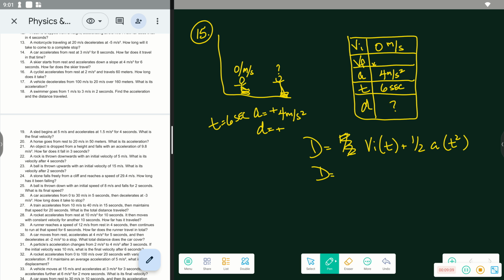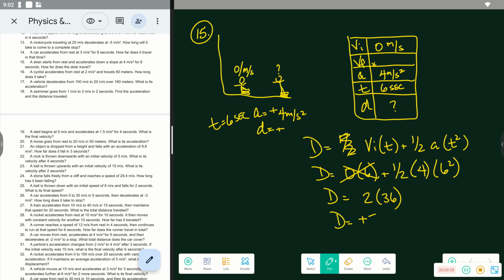So 0 times 6 plus 1/2 of 4 times 6 squared. So this is going to be D equaling, this cancels. 1/2 of 4 is 2. 2 times 36. Displacement is going to be a positive 72 meters.